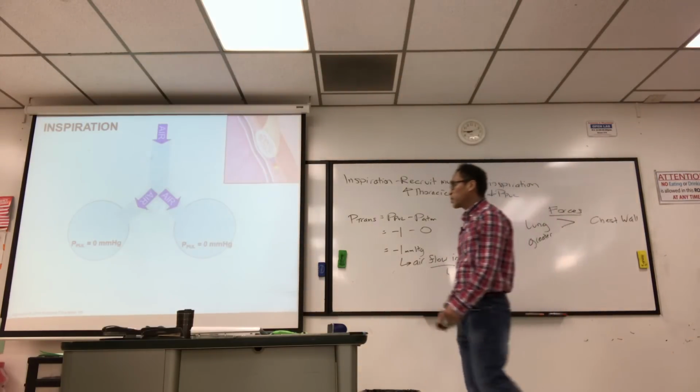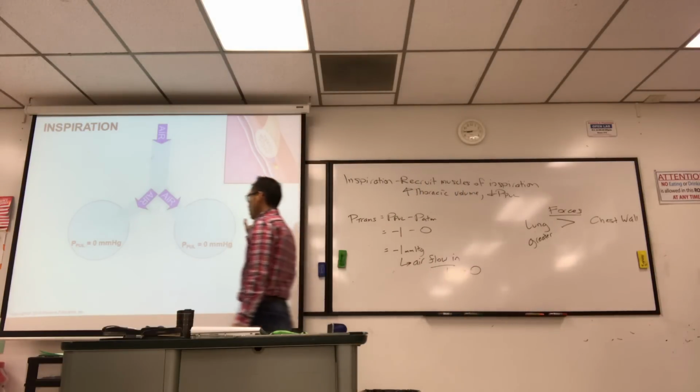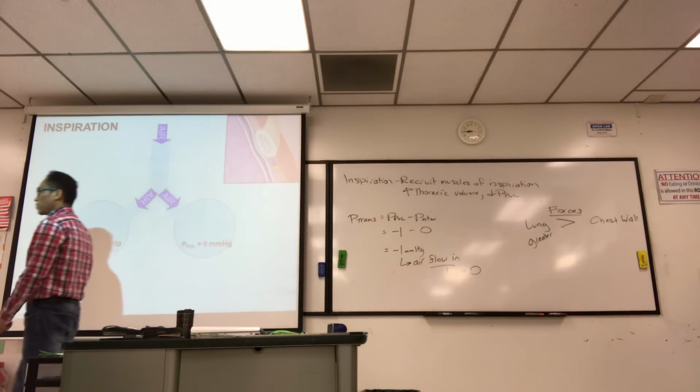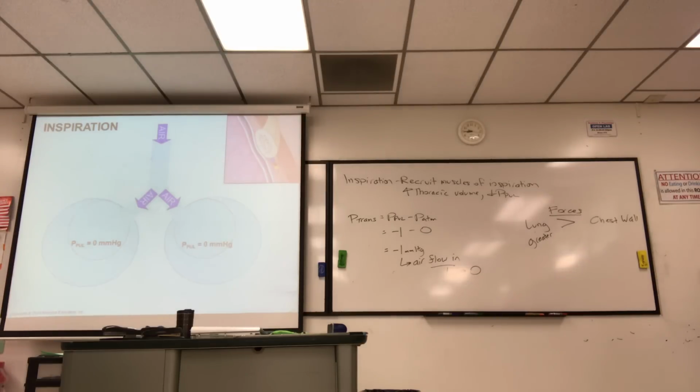Imagine you're going to take a breath in. You're at FRC, P-pull is 0, then you expand the lung because the chest wall has expanded, so you make the space inside greater so that the gas molecules fill their space. But because you've increased the volume, you decrease the pressure, just a little bit.